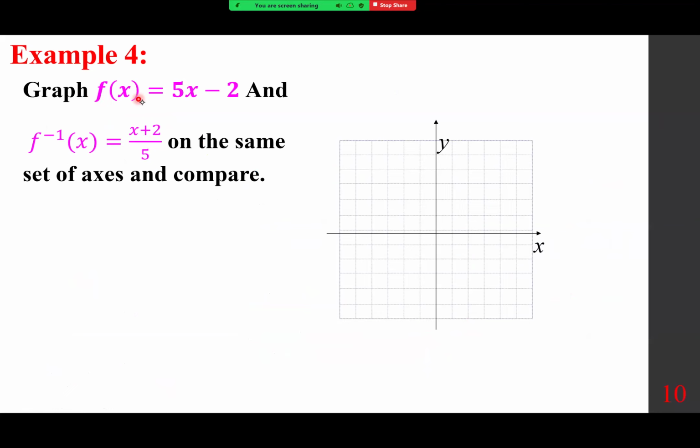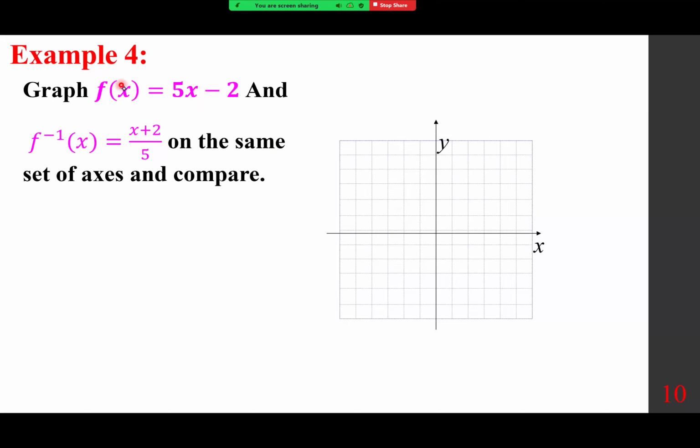Graph f of x equals 5x minus 2 and f inverse of x equals x plus 2 over 5 on the same set of axes, and compare. Well, this one, clearly the y-intercept is 0, negative 2.